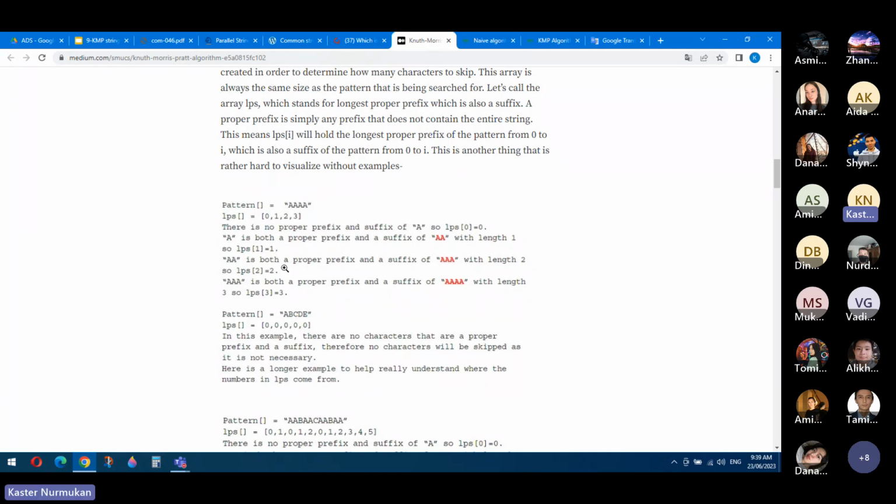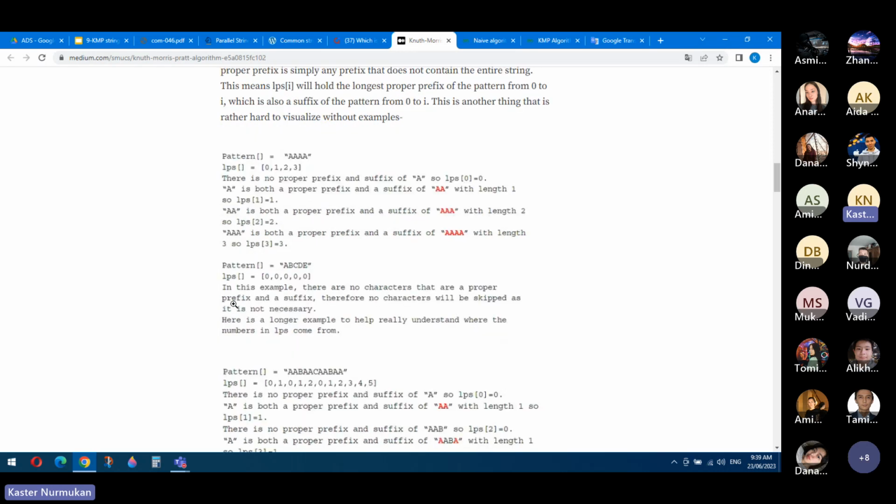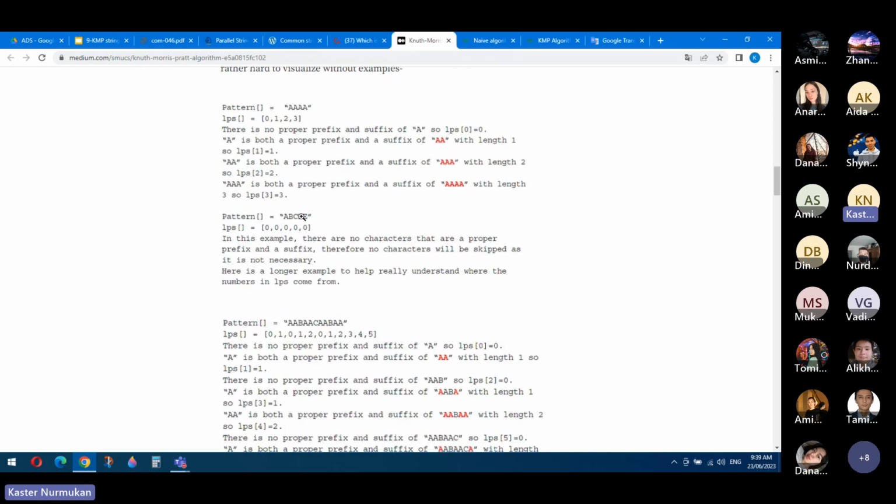AA also appears in both prefix and suffix, so the length is 2, so it's 2. That's how they created 1 0 1 2 3. We already explained that the pattern A B C D is 0 because nothing repeats again. There are always new things to compare.